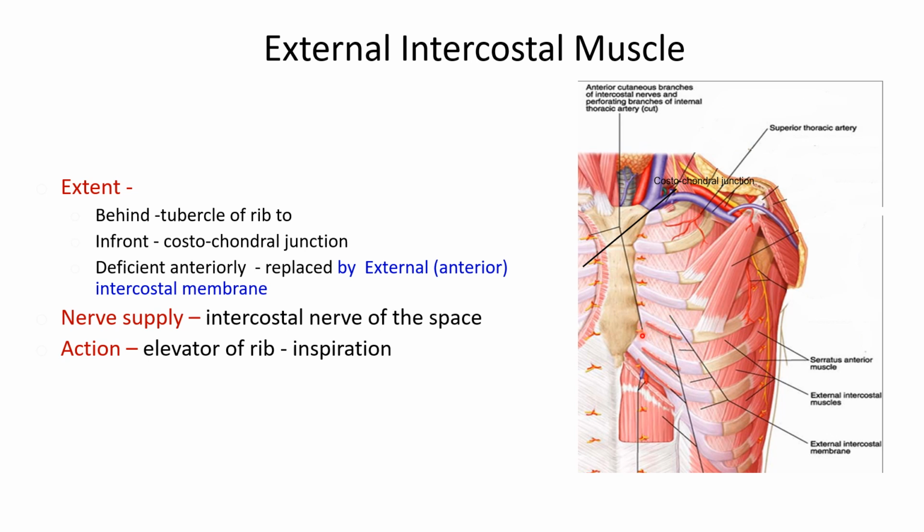So this is the anterior or external intercostal membrane starting from the costochondral junction to the lateral margin of the body of the sternum. The nerve supply of the external intercostal muscle is the intercostal nerve of the space.